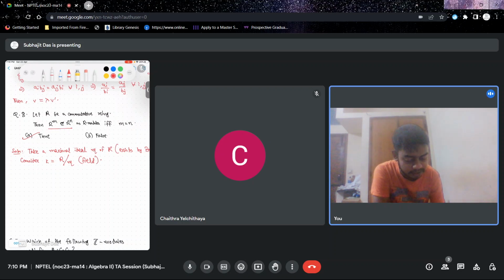So we just assume that R^m is isomorphic to R^n as R-modules. Now you have obtained a field out of the ring R. Can you change the R-modules as well? If you can change the base ring, can you change the corresponding modules? You know a trick, right?